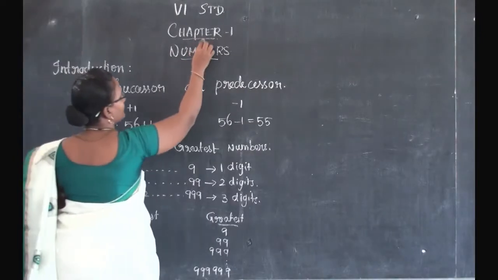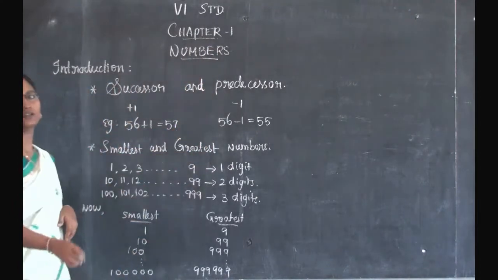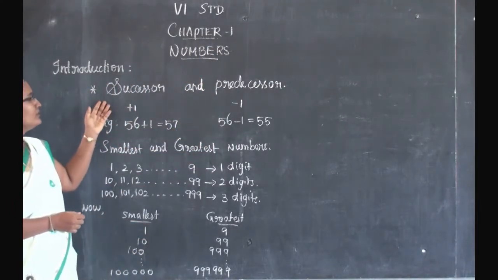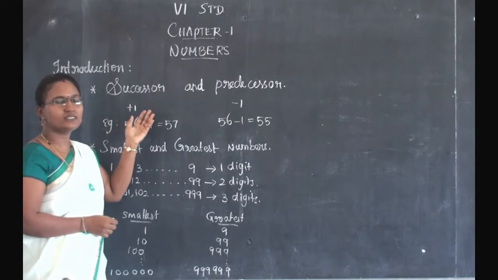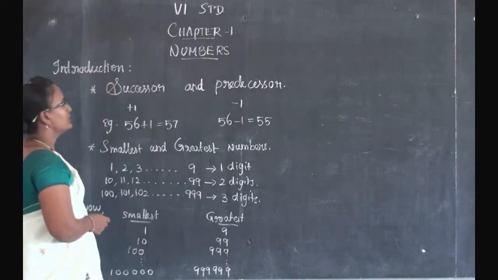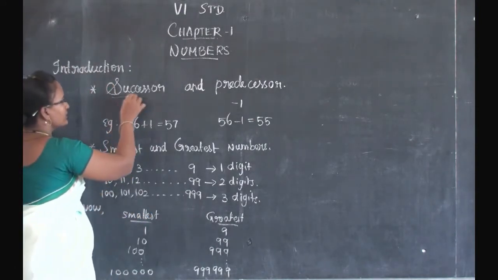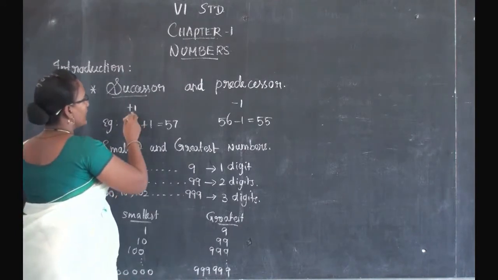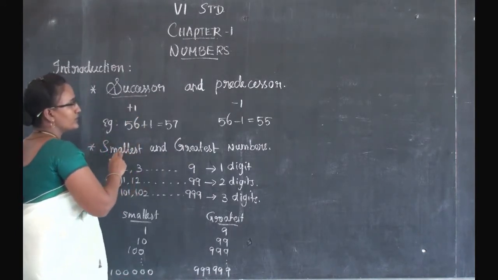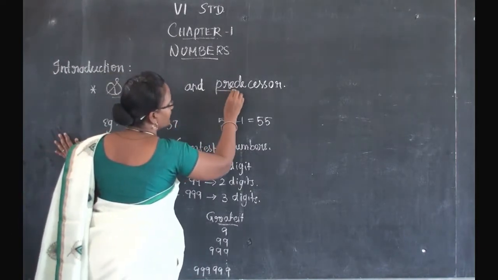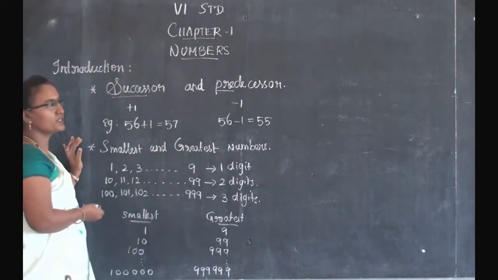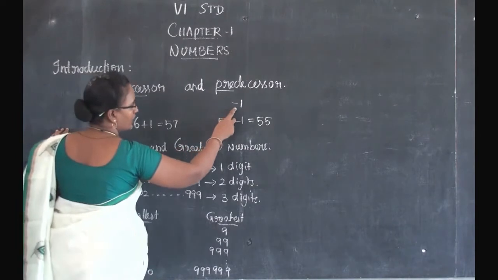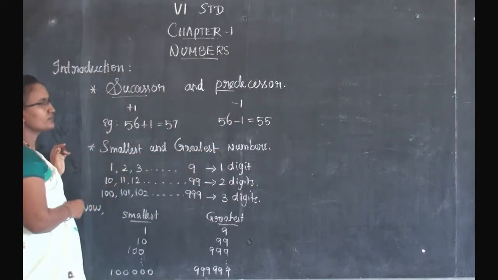Look at chapter 1, numbers. Here we remind successor and predecessor. Successor, the word success means next number, that means we add 1 to the number. And predecessor, pre means previous number, that is we subtract 1 from that number.